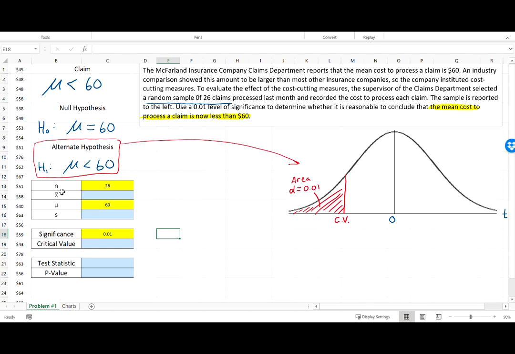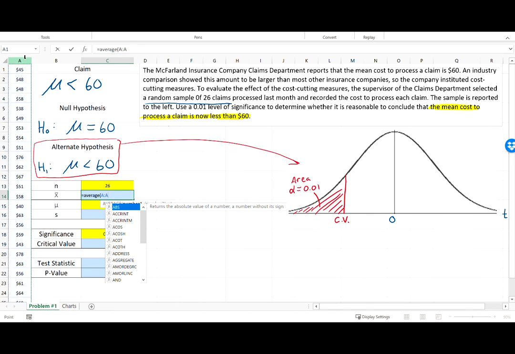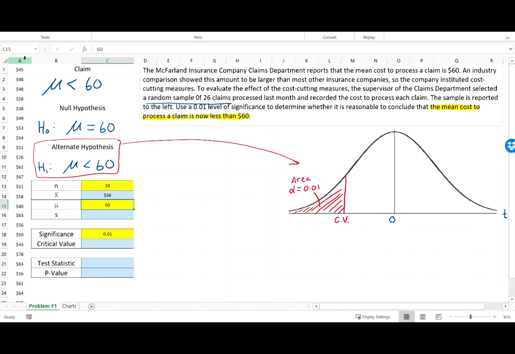Now, we're not given the sample statistics, but we're given the sample data. So we need the sample mean, x bar, and that's the average of the sample, so equal average of column A. You could just click on the A. And the standard deviation.